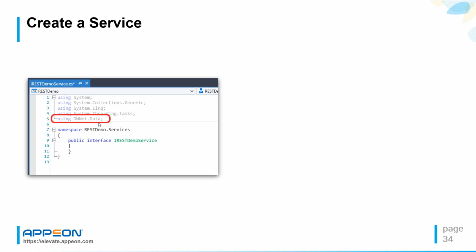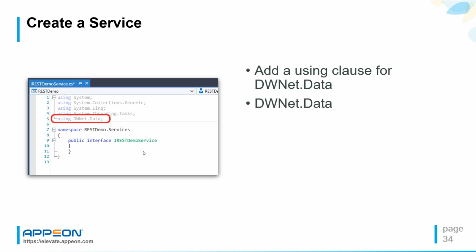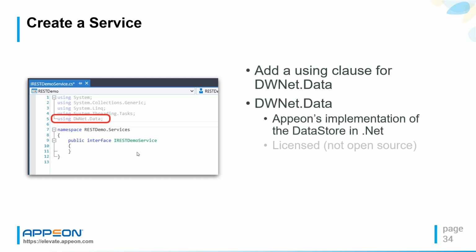SAP still owns the IP on that, so it can't be provided as open source. So it's in that separate namespace. That's where the .NET DataStore is at. If you're going to use the SQL Model Mapper, the SQL Model Mapper is part of Snap Objects rather than dwnet.data. So you can use that without having to worry about the licensed nature of dwnet.data.